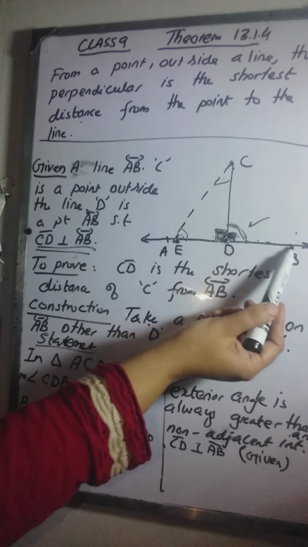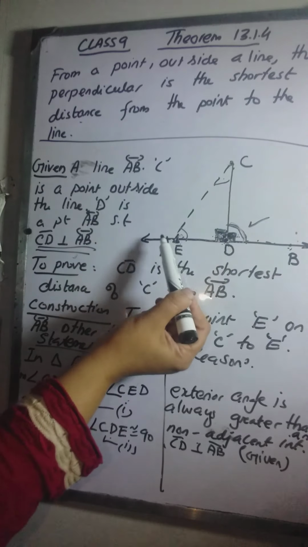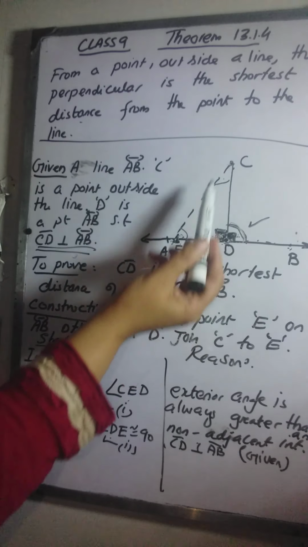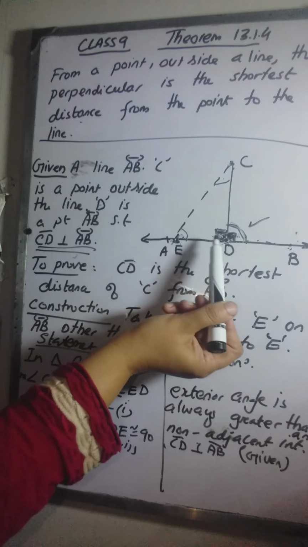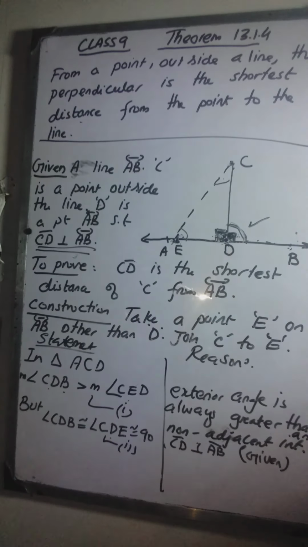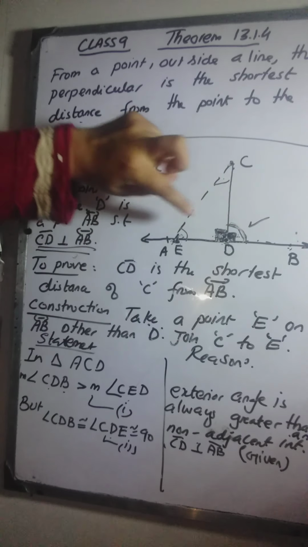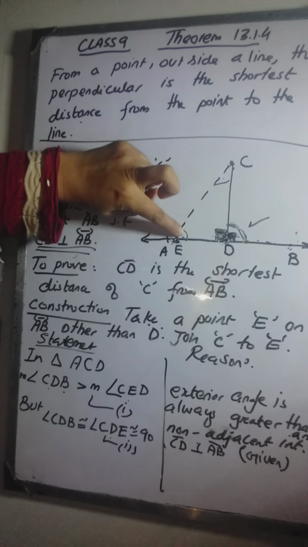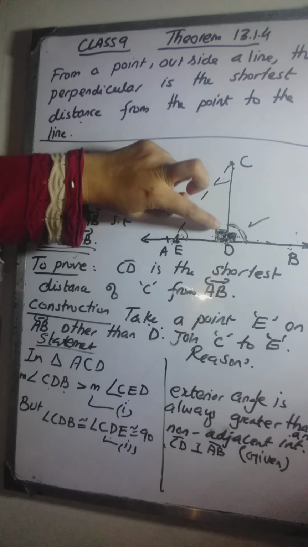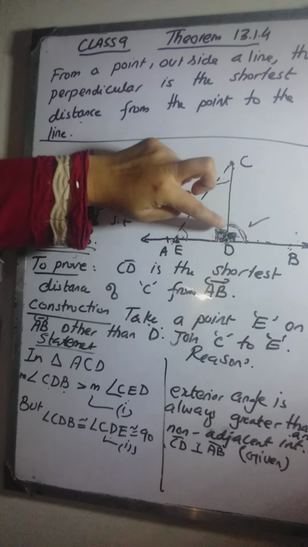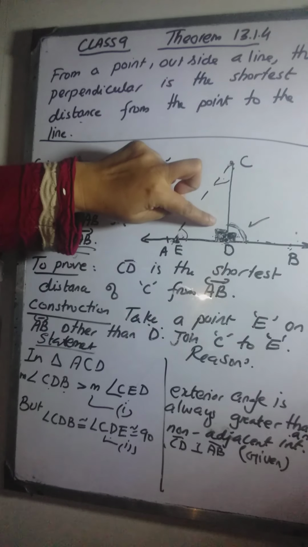If CDB is greater than CED, then CDE will be greater than CED, because both these angles have the same measurement. This is 90 and this is also 90.